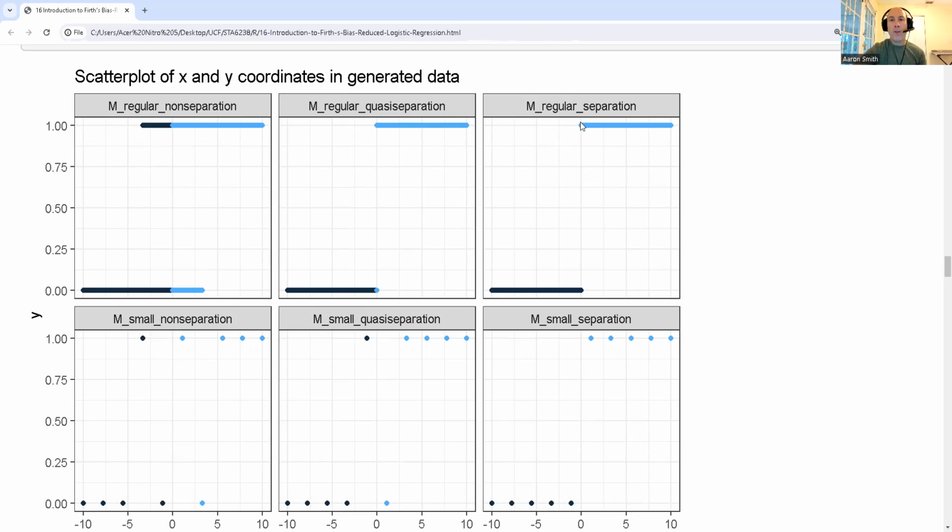All right, so for separation, this is with my larger data set. You can see up here, it's always 1 whenever X is positive, and it's always 0 whenever X is negative. Now for quasi-separation, there's 1 point here with a negative X, but it's covered up.